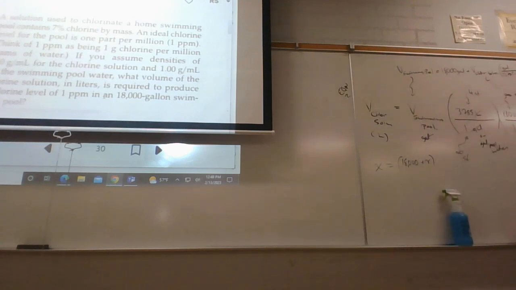The units all work out, so it's going to be times 3.785 times 1,000 times 1, I'll skip that, divided by a million times 100 divided by 7 divided by 1.1 divided by 1,000. Then solve for X.